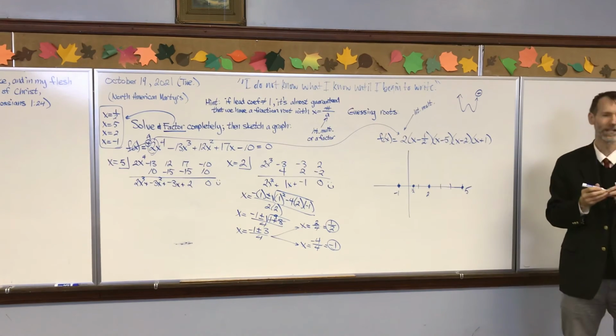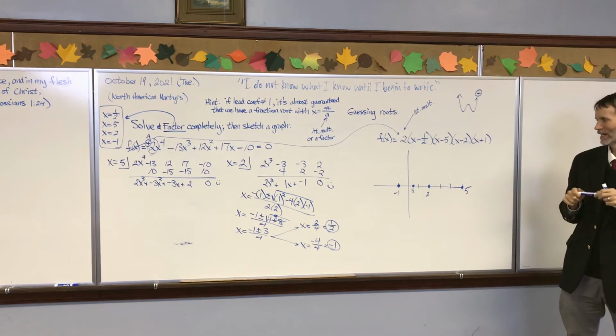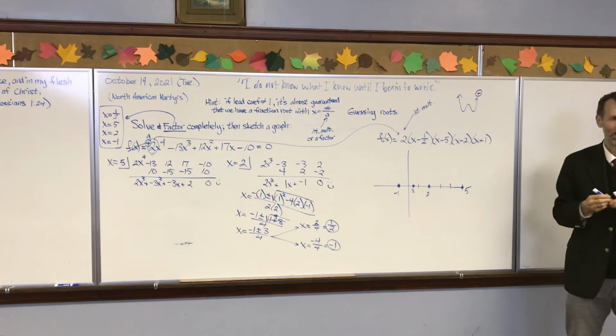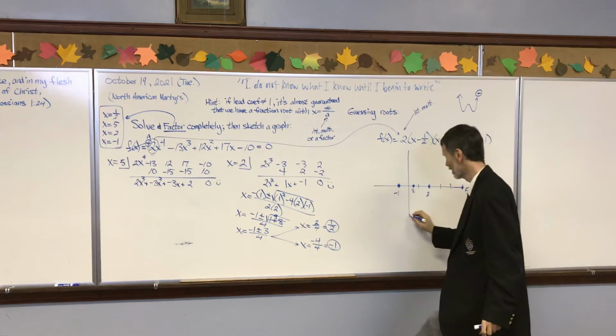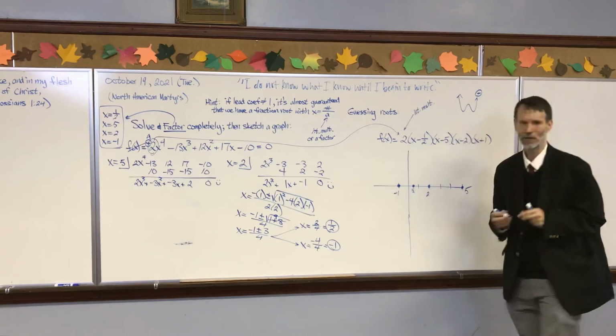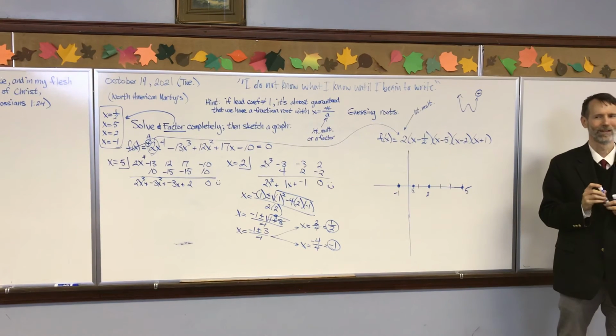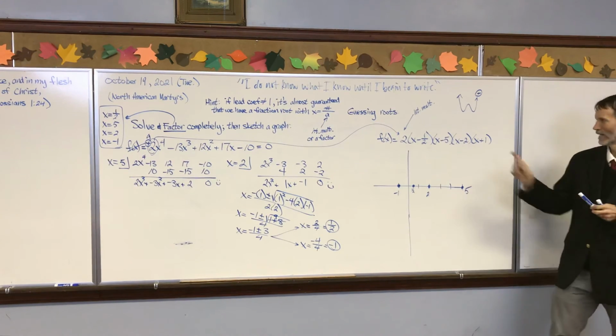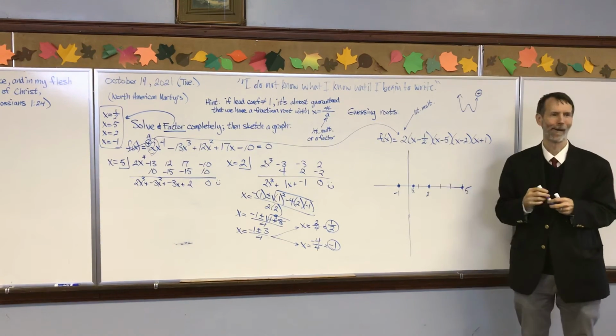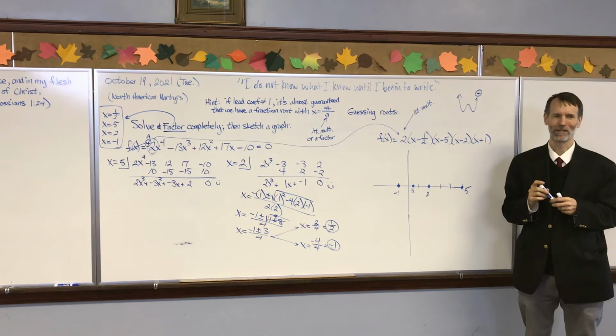Can somebody guide me on how to sketch this thing? Oh, speaking of which, can somebody tell me where the y-intercept is? If you know where to look, it's relatively easy. I would not look here. Anybody see it?